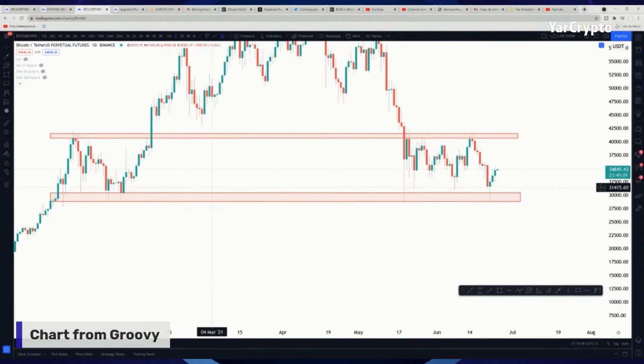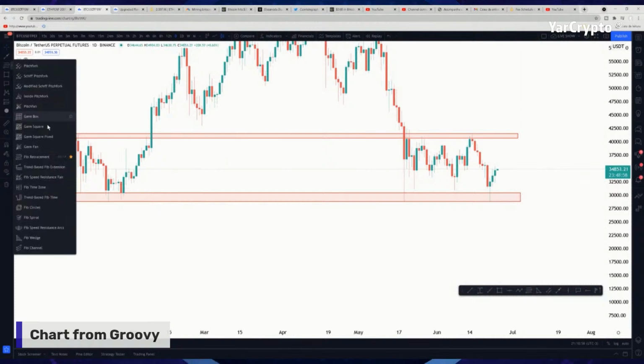For anyone who doesn't know, the Fibonacci tool on TradingView is on the left panel, the third tool, called Fib retracement.